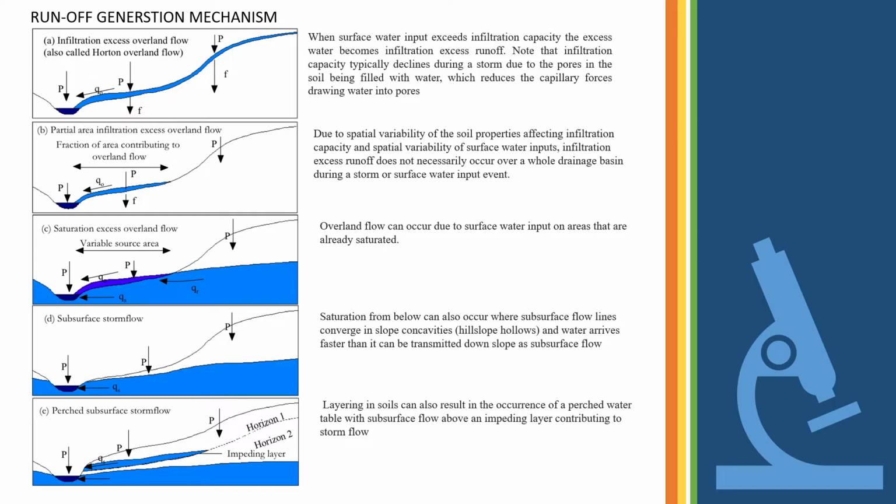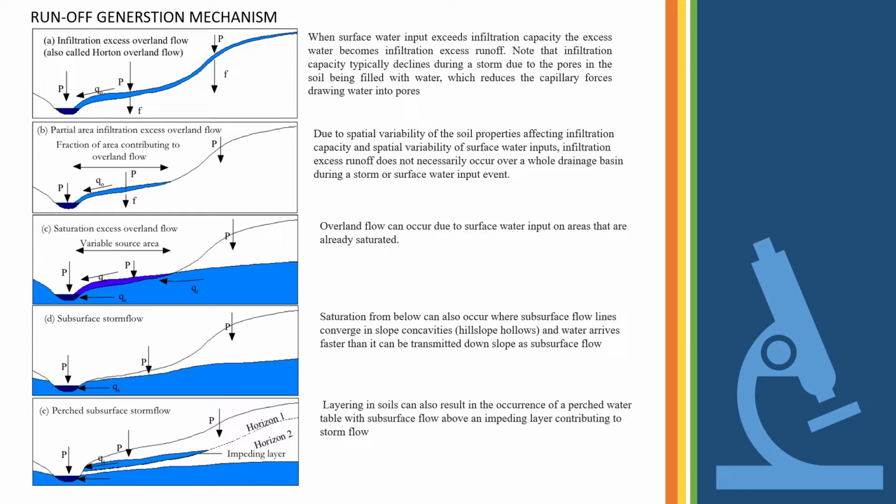Rainfall runoff processes. Runoff generation mechanism. When water surface input exceeds infiltration capacity, the excess water becomes infiltration excess runoff. Note that infiltration capacity typically declines during a storm due to the pores in the soil being filled with water, which reduces the capillary forces drawing water to pores.